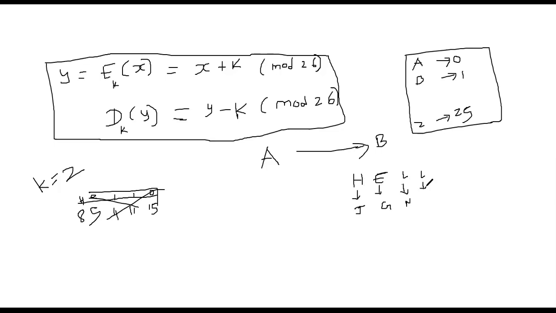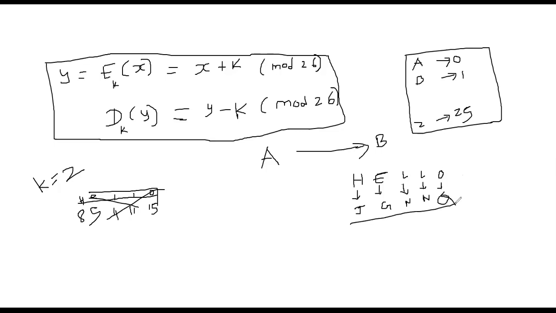Therefore, we are almost there. And then O will go to P and Q. Okay, so this is basically the ciphertext.